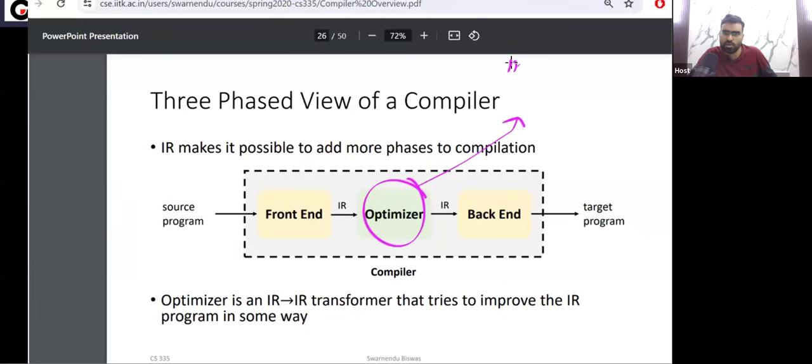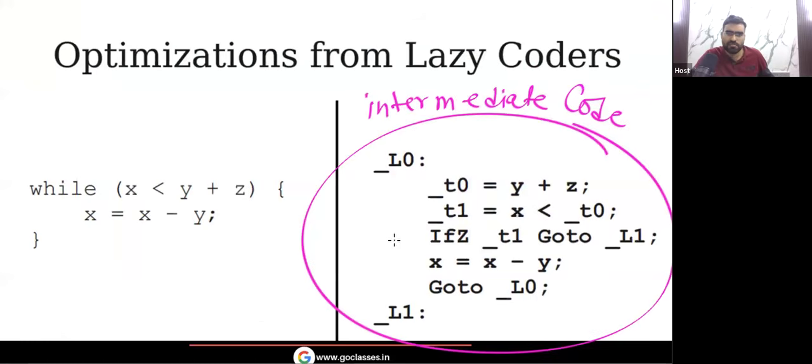So this optimization is also machine independent. Now tell me quickly, can you optimize this intermediate code that we got? Can we make it better?